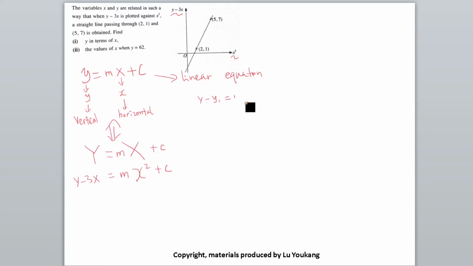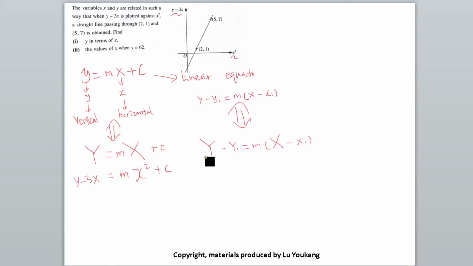And what else do you learn in A-Maths? To find the linear equation of a straight line, you will take y minus y1 equals m bracket x minus x1. And this same concept can be applied here. But over here, we have our big Y and our big X, where our big Y is our vertical axis and our big X is our horizontal axis.